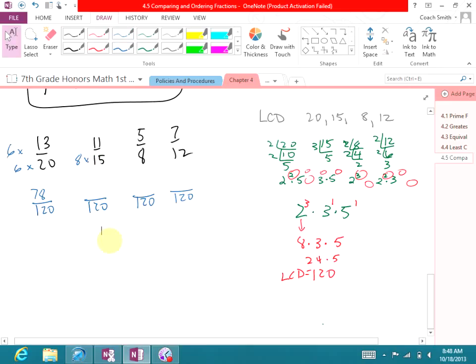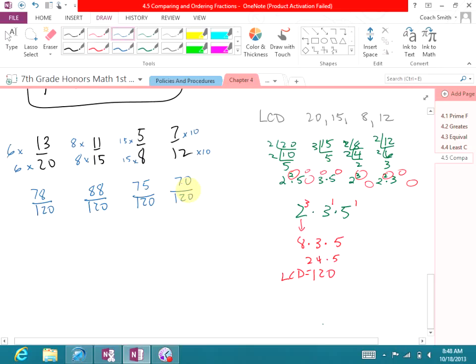Multiplied by 8. So I do the same thing to the top. That would be 88. I multiplied 8 by 15. So I got to do the same thing to the top. And that gives me 75. Multiplied 12 by 10. Do the same thing to the top. 70.